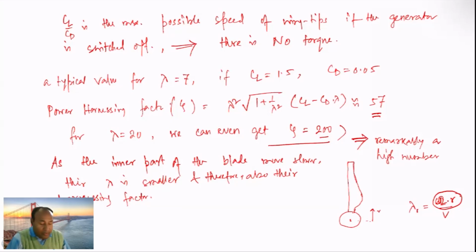So the inner part of the blade, if there is a rotation like that, is moving slower, so the lambda is smaller, and also their power harnessing factor is smaller.